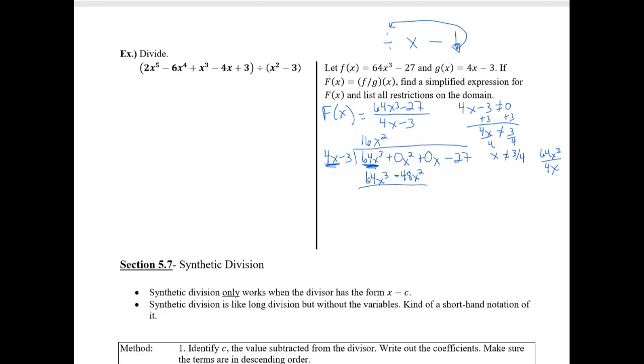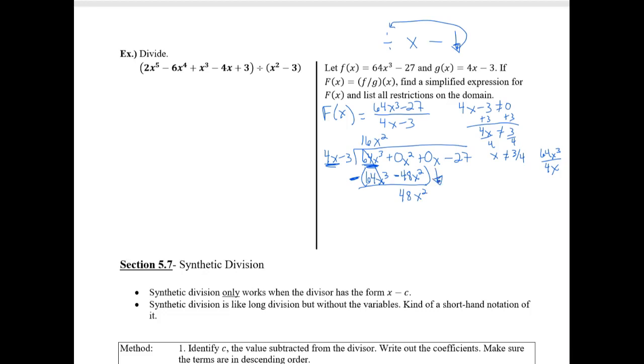So I've divided, I've multiplied. Now I subtract everything. 64x cubed minus 64x cubed is 0. 0x squared minus a negative 48x squared: when we subtract a negative, it becomes plus. So 0 plus 48x squared is positive 48x squared.